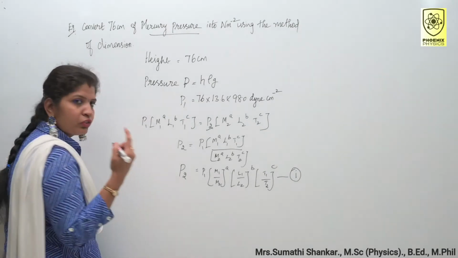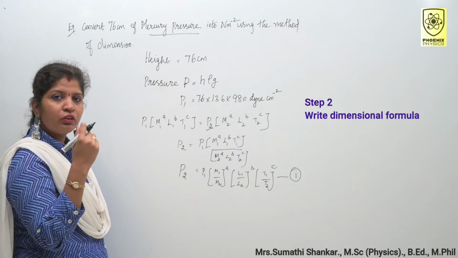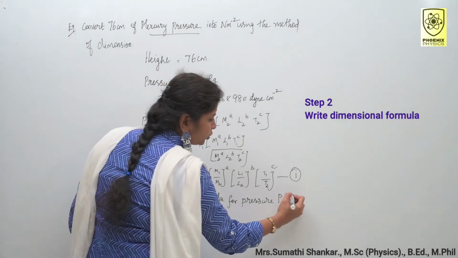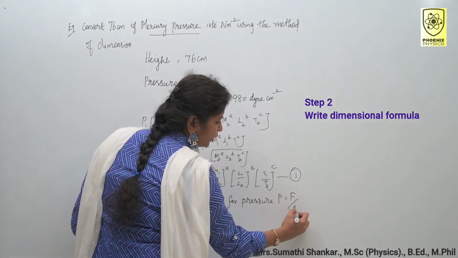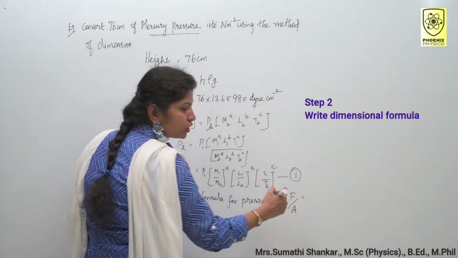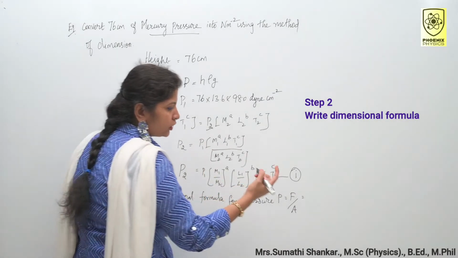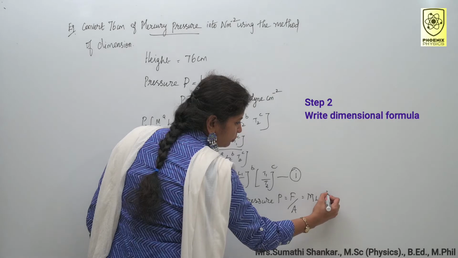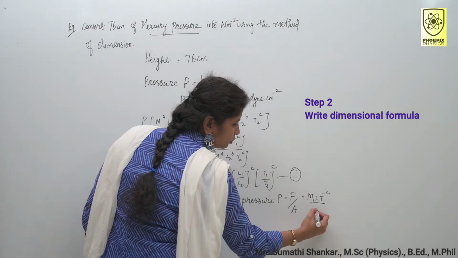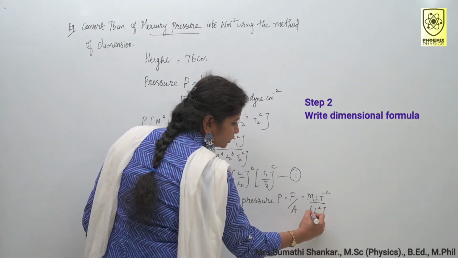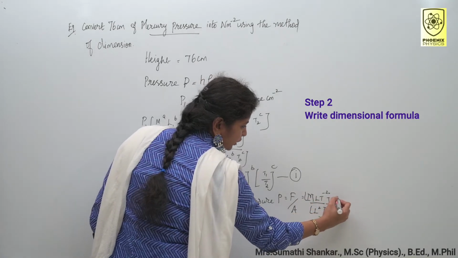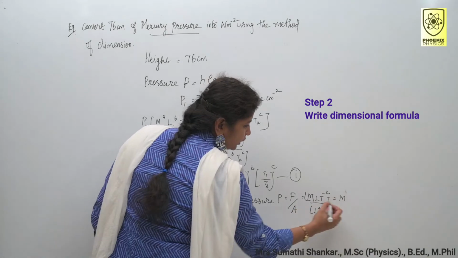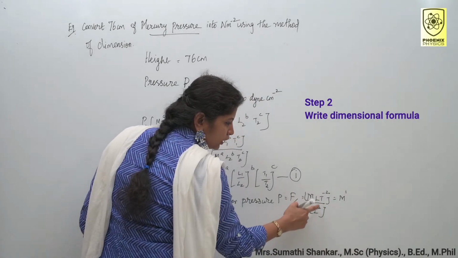Now second step is write the dimensional formula for pressure. The pressure P is equal to force per area. What is force? Force is nothing but mass into acceleration. Mass means M, acceleration means L T power minus 2, then area means L square. These are all the dimension. Then final one is M to the power of 1 and L to the power 1, here 2.